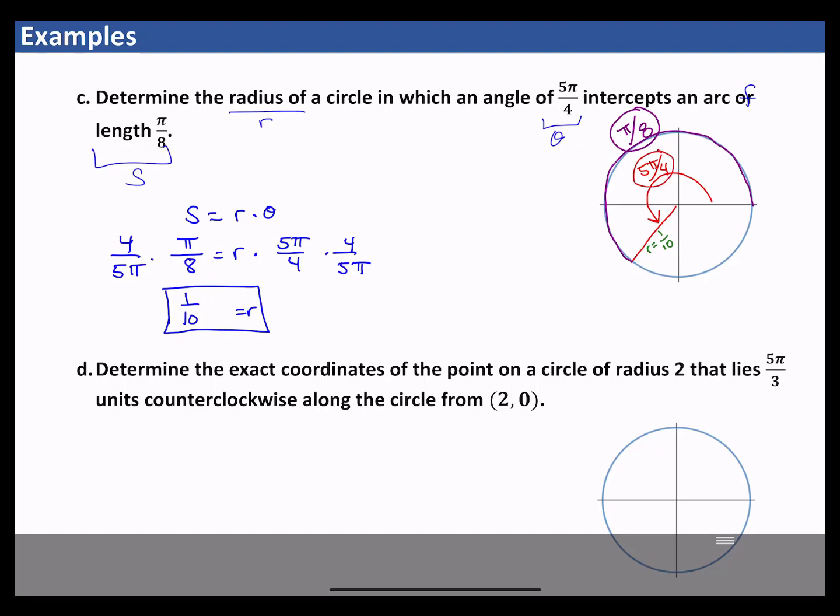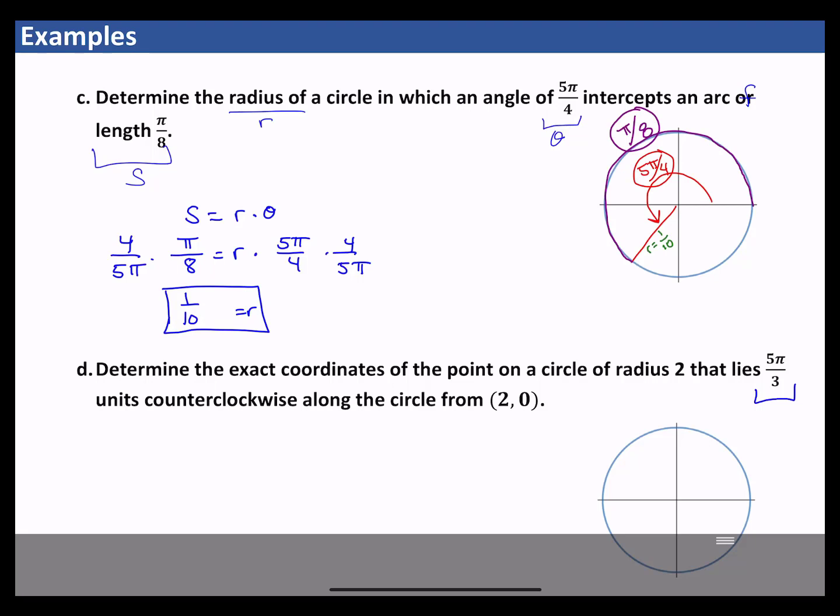All right, last example. Determine the exact coordinates of the point on a circle of radius 2 that lies 5 pi over 3 units counterclockwise along the circle from (2, 0). So this one's a little challenging because you see this 5 pi over 3, you might be thinking, oh, that's an angle on the unit circle. Yeah, it is, but we're not told that this is an angle.